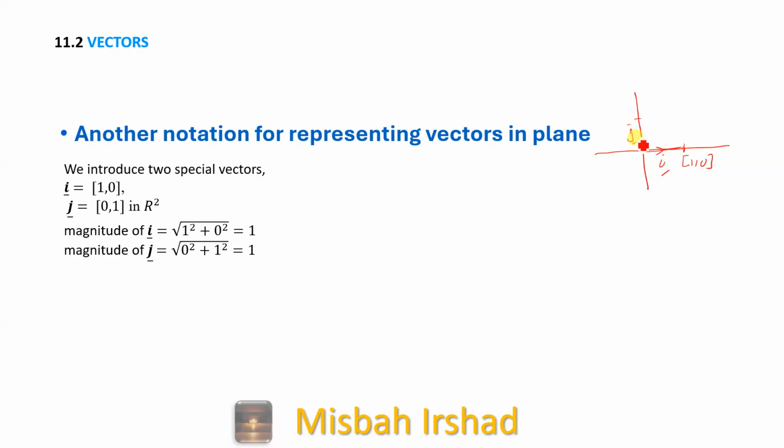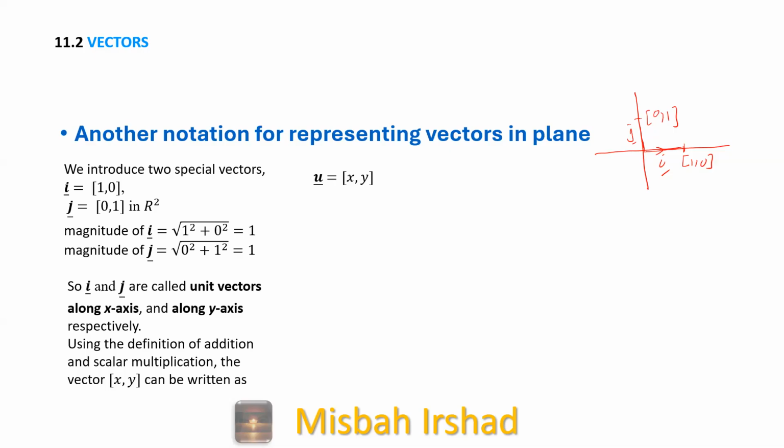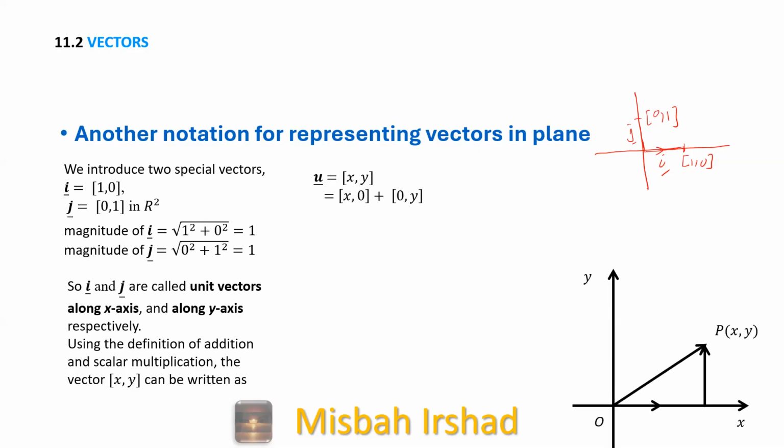And similarly, we have a j vector whose components are [0, 1], which is the unit vector along the y-axis. Then any vector in this plane can be written in terms of i and j. Like if we have a vector u whose components are x, y, it can be written as [x, 0] plus [0, y]. When we add these two, you will get [x, y].